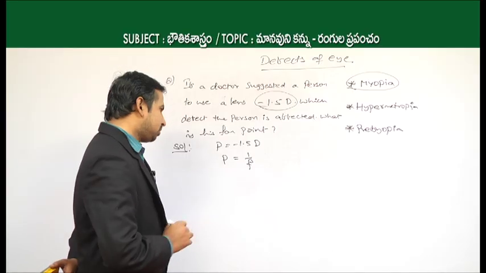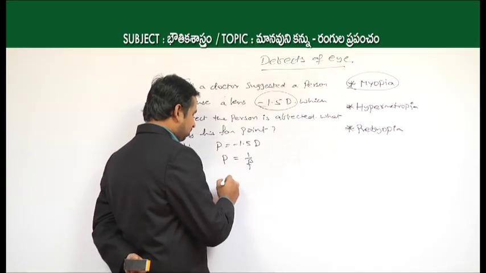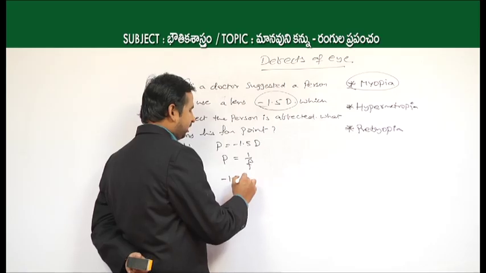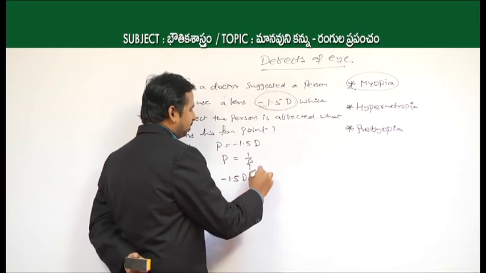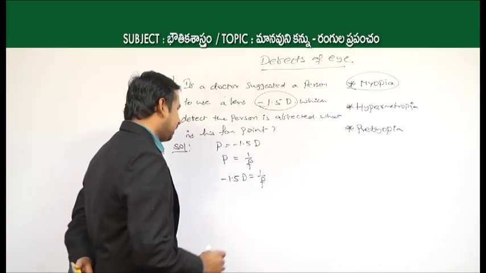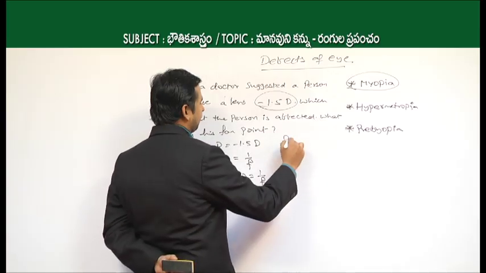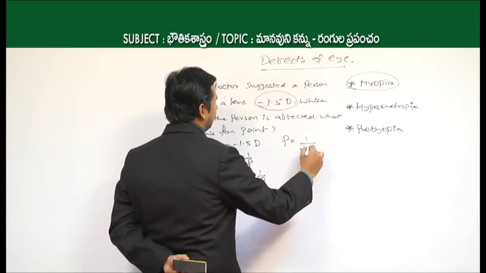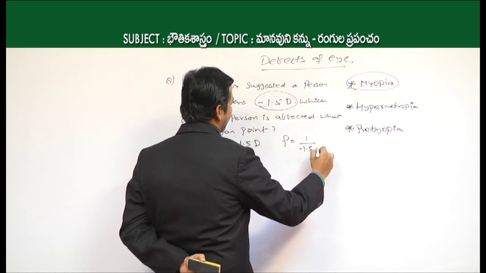As P is equal to 1 by f, where P is equal to minus 1.5 D, then f is equal to 1 by minus 1.5 D, where D means meter inverse.